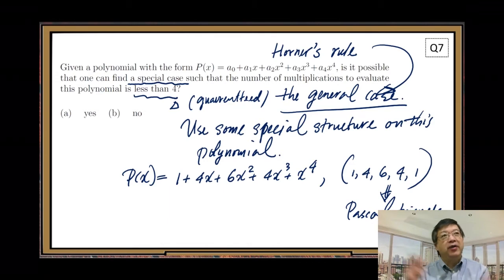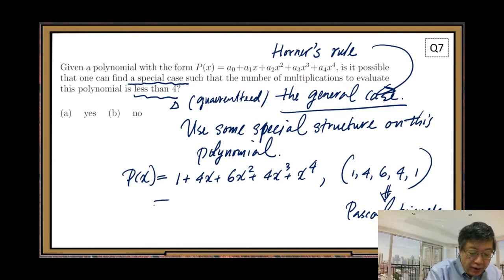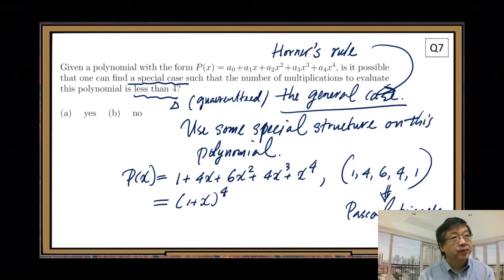Anyway, if you do not have that kind of background, I just let you know this polynomial can be written as 1 plus x to the 4th power. 1 plus x, binomial parenthesis to the 4th power.